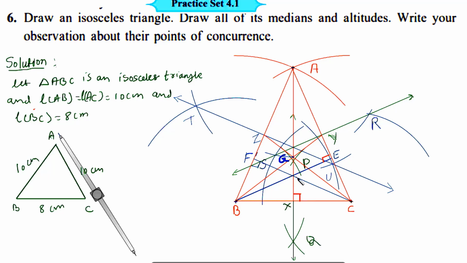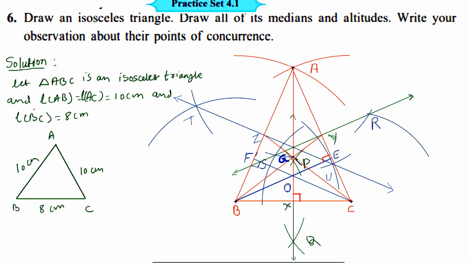Here, all three altitudes of a triangle intersect at one point. This point is denoted by the letter O. This is the orthocenter of triangle ABC, and all three altitudes of a triangle are concurrent. This point of concurrence is called the orthocenter and is denoted by the letter O.